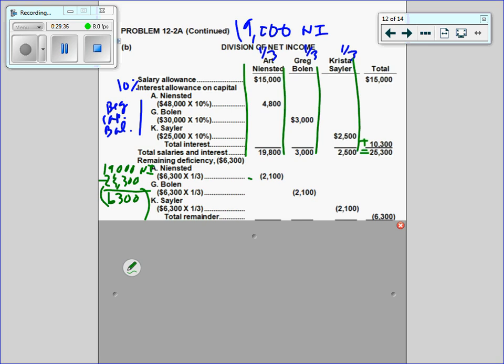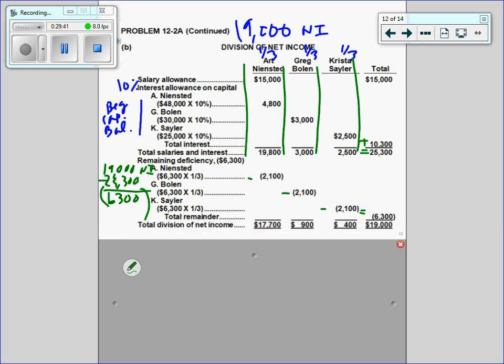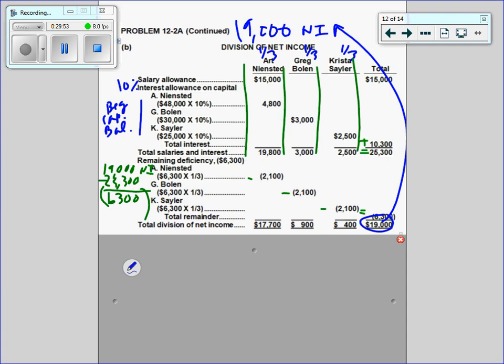So you see each of the partners losing some money. And that's another way of looking at our breakdown, arriving back at that 19,000. Kind of the cool way to double check if you did it correctly.